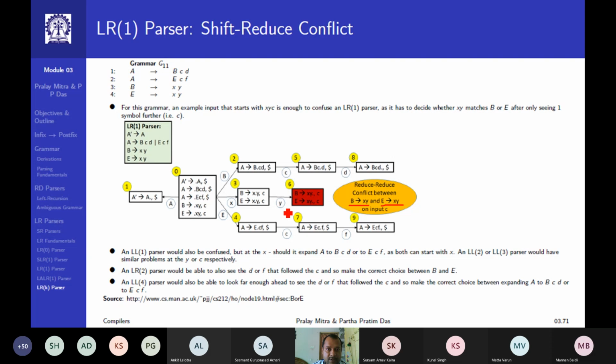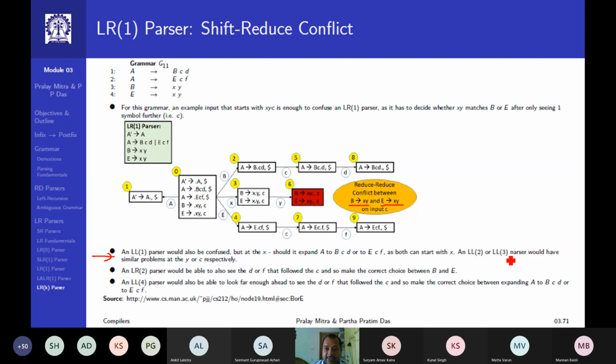Now a few facts: an LL1 parser would be confused at the X, whether to expand A to B, C, D or to E, C, F, as both can start with X.